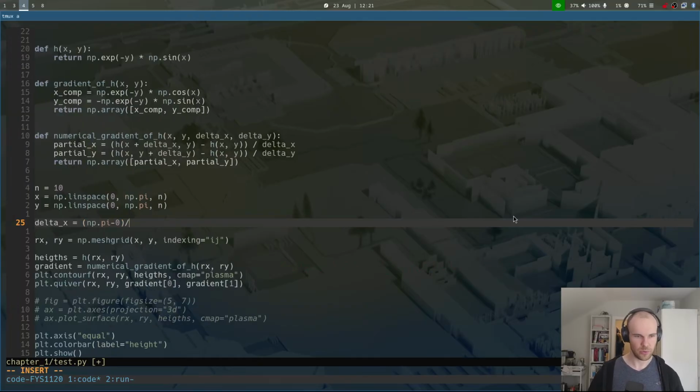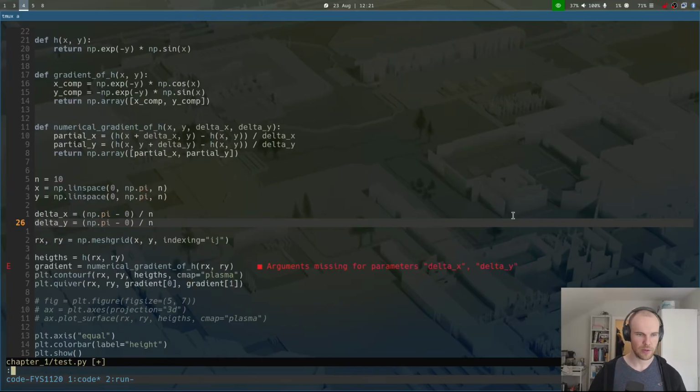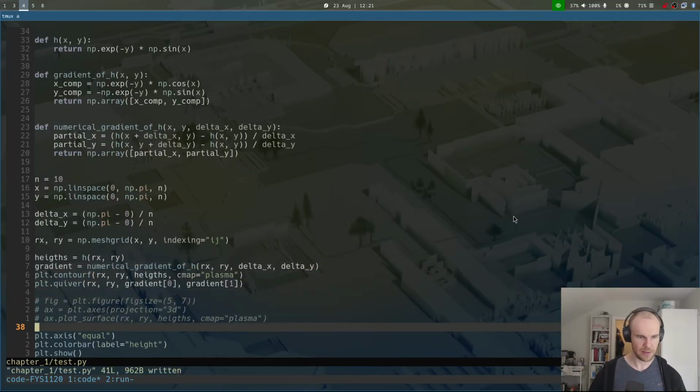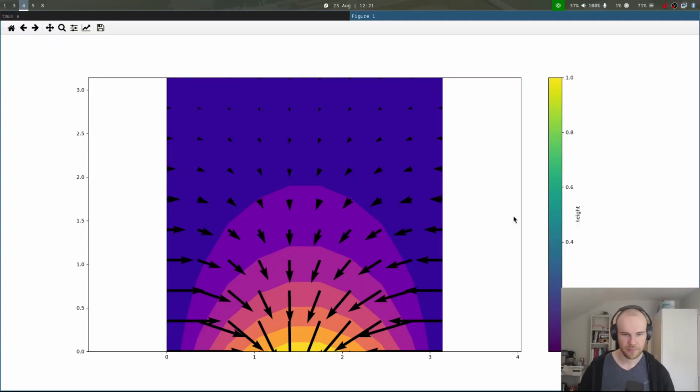I know you don't need 0, but just to make it clear, and of course y is just the same. The gradient here in delta x, we could of course use the same, but I want to be specific and make things very clear. There you see, so the exact same solution, right?